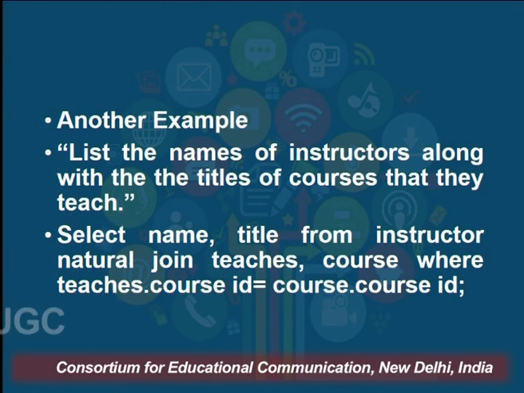So, for this particular query, we are going to write select name comma title from instructor natural join teaches comma course, where teaches dot course id is equal to course dot course id.